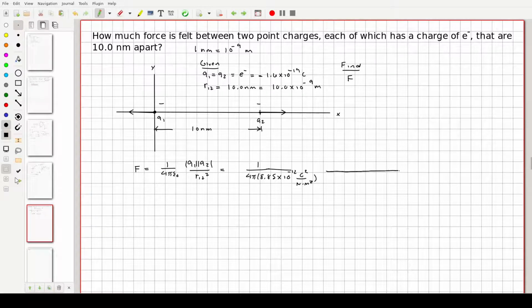Then I have 1.6 times 10 to the minus 19th coulombs. There are two of them, and it's the positive value, which is why I didn't put a negative sign there. I'm going to square it. And the distance here is 10.0 times 10 to the minus ninth meters, and that's squared as well. That's the length. Okay, when you do this, let me put this into my calculator.